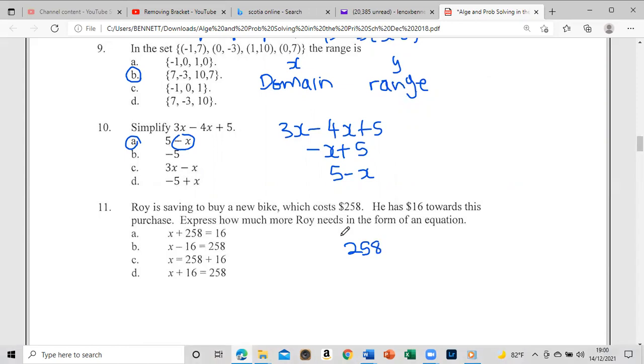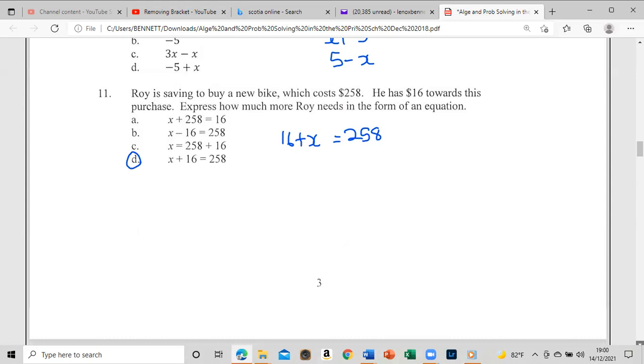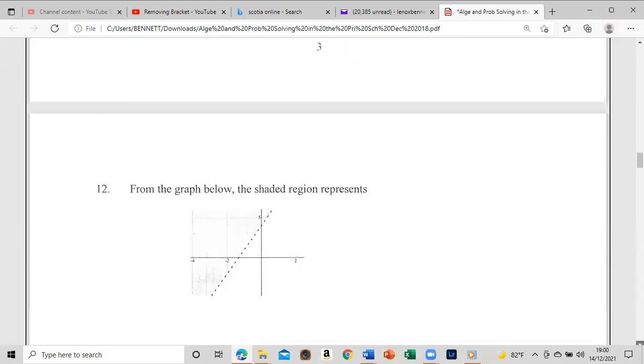He has $16 towards it. So the answer must equal this. So that would be x plus 16 equals 258. Very good, you are a math genius. Just read them one more time, but I won't give the answer.